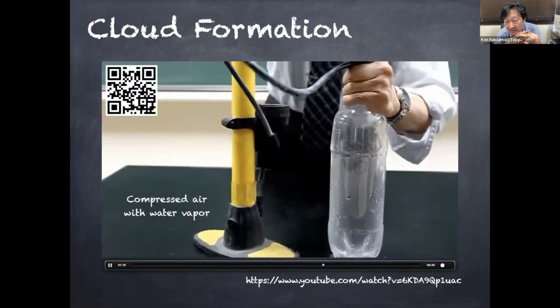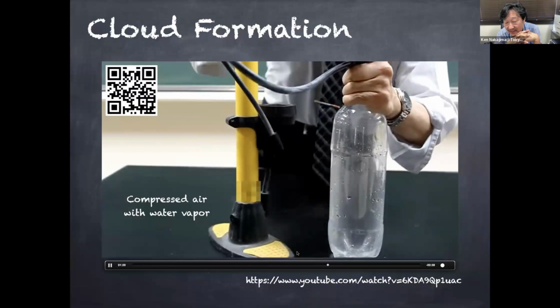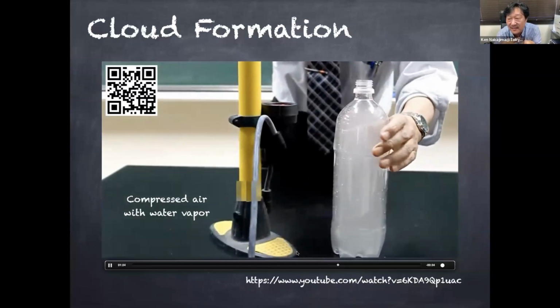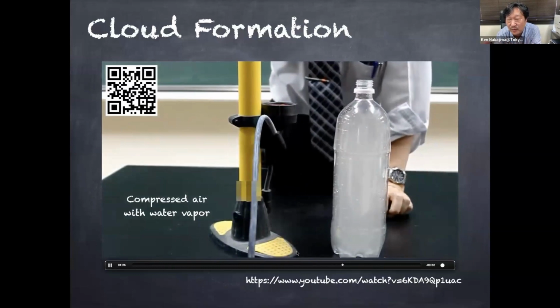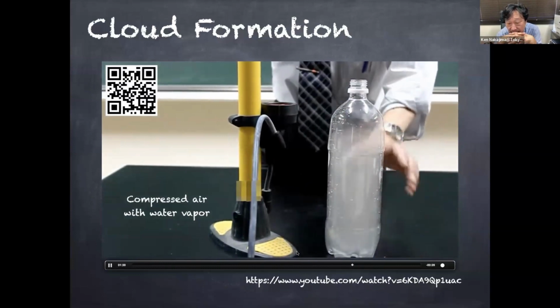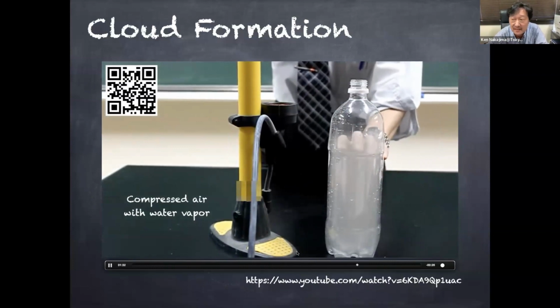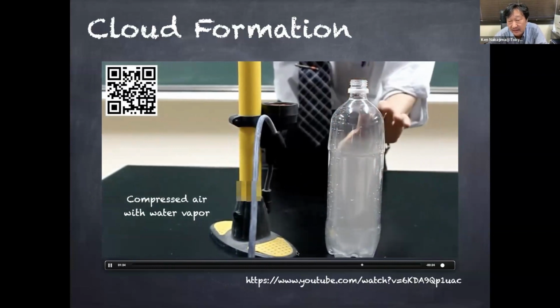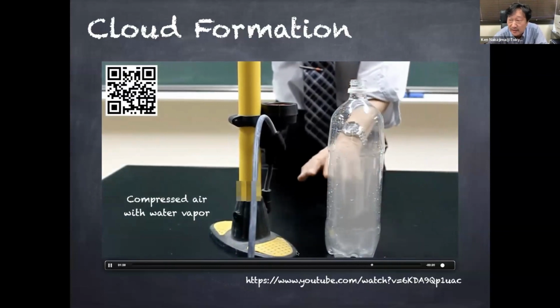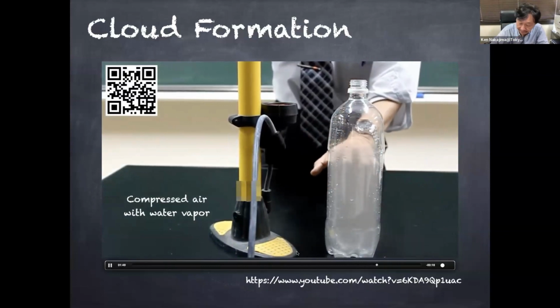Maybe soon. Oh yes, now. So now small water droplet formation was made. Okay, I think this is what you have already known during junior high school or high school.